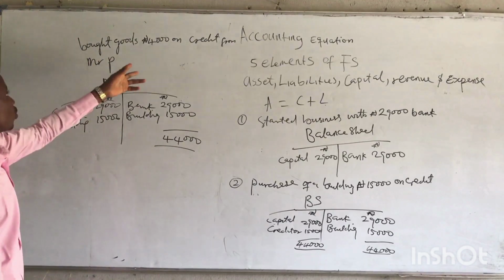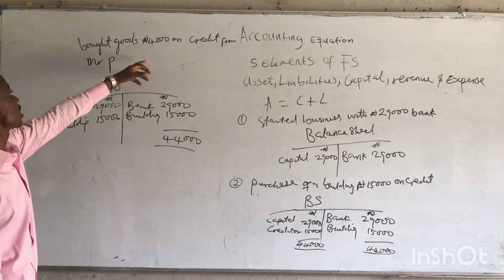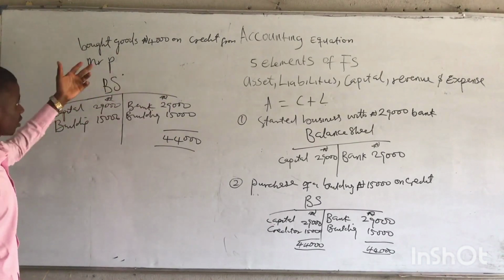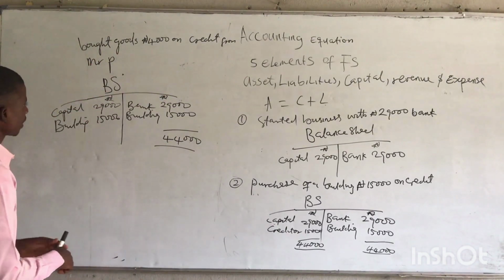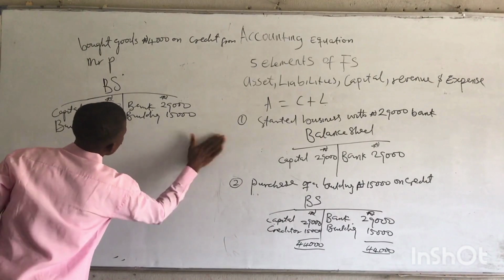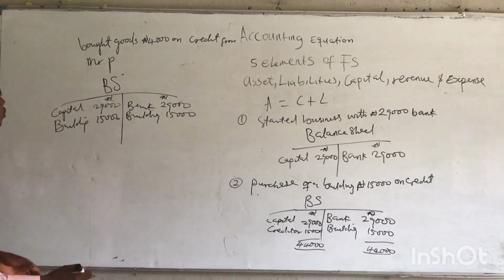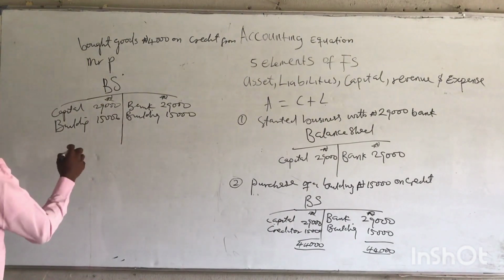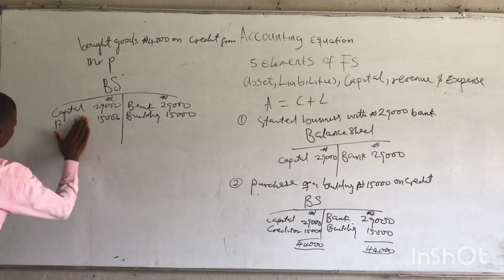So we also have two accounts: the asset, which is the stock account, and then the creditors account. How is it going to appear now in the balance sheet?